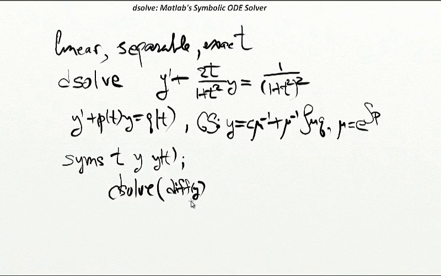of y plus, you have to put in the next term, and that's as follows. 2 times t divided by 1 plus t squared times y equals, and for this we use a double equal sign, and then I have to put in the last expression, q, 1 divided by 1 plus t squared, squared.